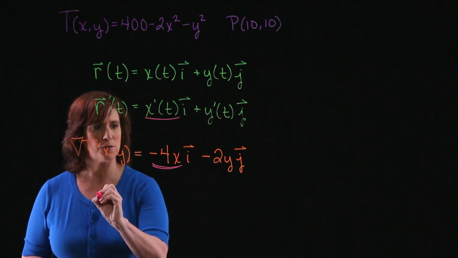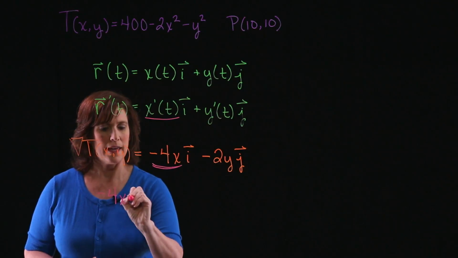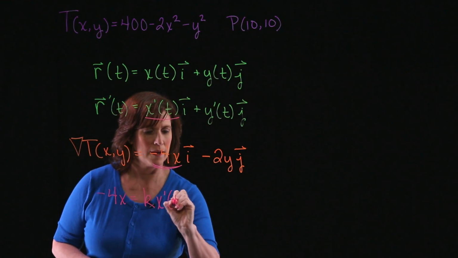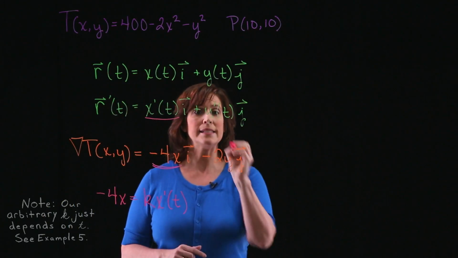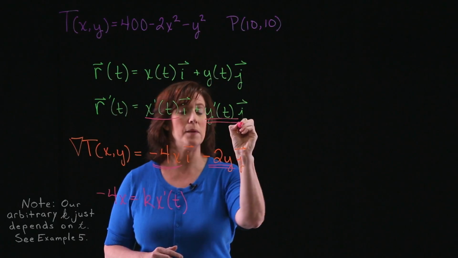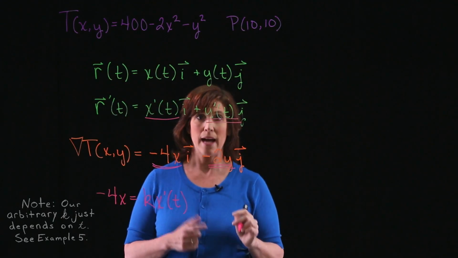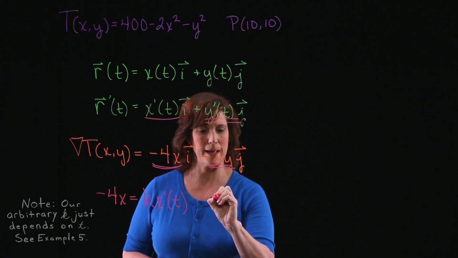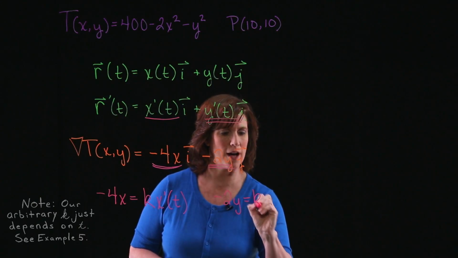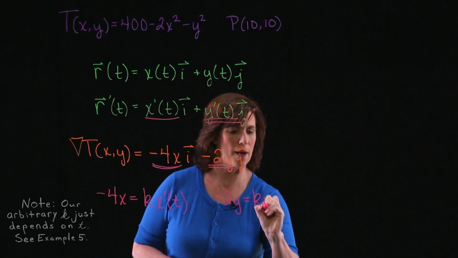So I'll say that minus 4x equals some constant times x prime of t. And in the same way, minus 2y has to be equal to some constant times y prime of t. So minus 2y is going to equal some constant k times y prime of t.